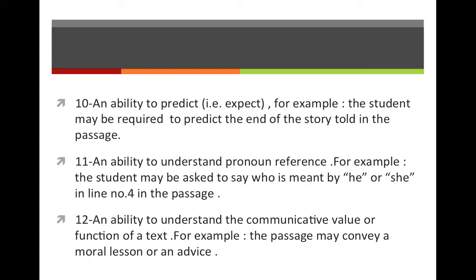This pronoun refers to whom. For example, in line number 9 or line number 4 in the passage, you are given a certain location in the passage where a pronoun is mentioned, and you are asked to identify who is meant by this pronoun.